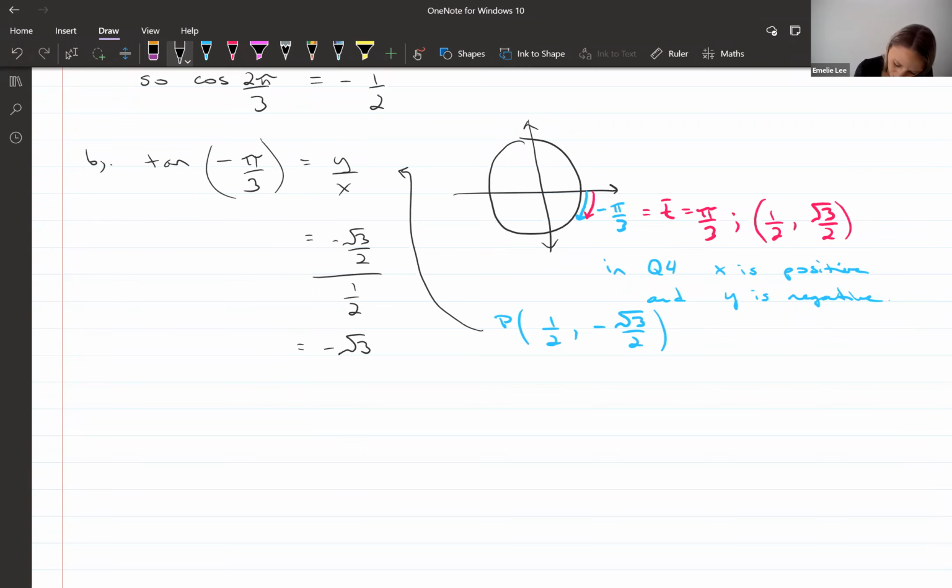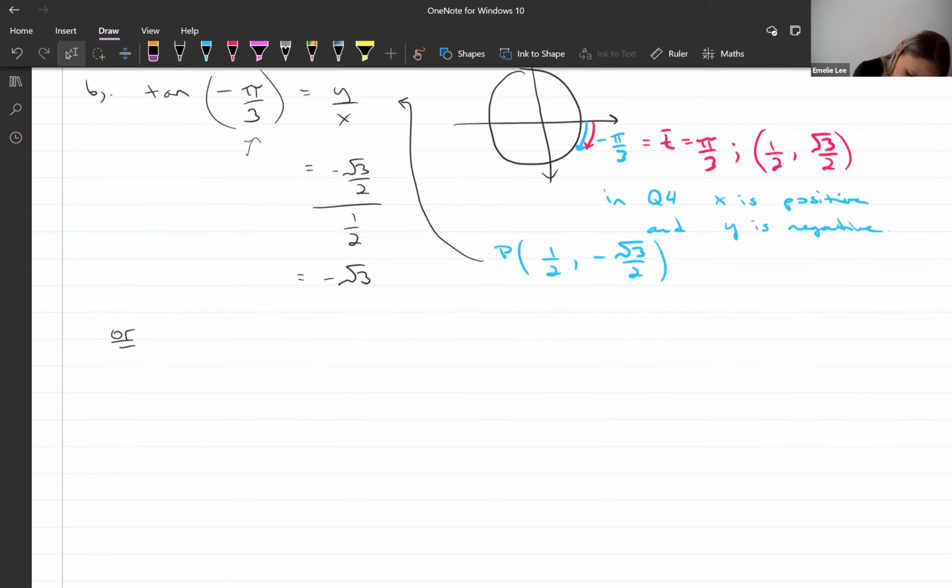Or what you can do is look at negative pi over 3 and say, well, pi over 3 is just going to be my reference angle. That's what we did over here, but we showed a little bit more work.